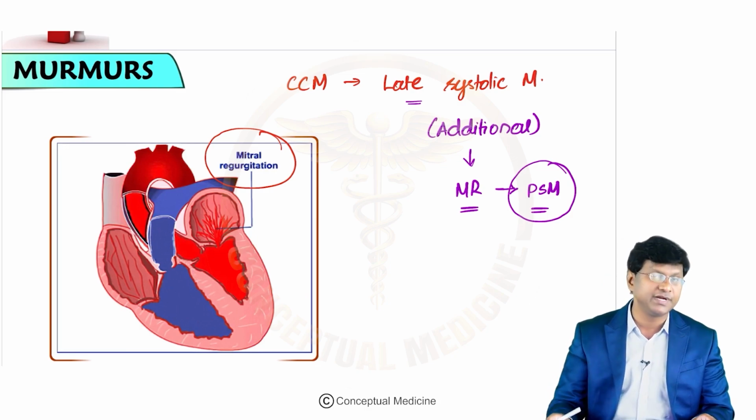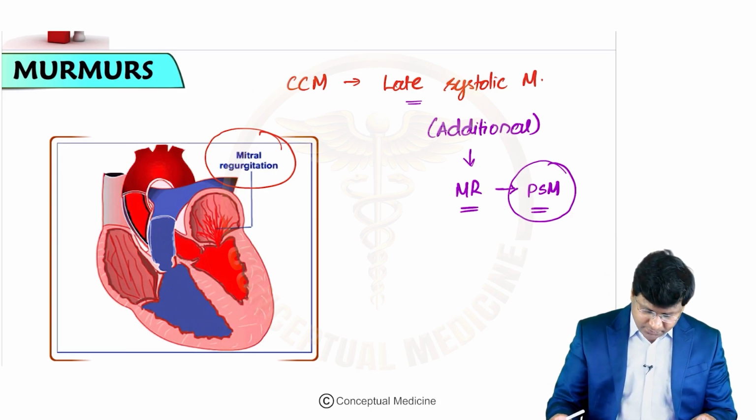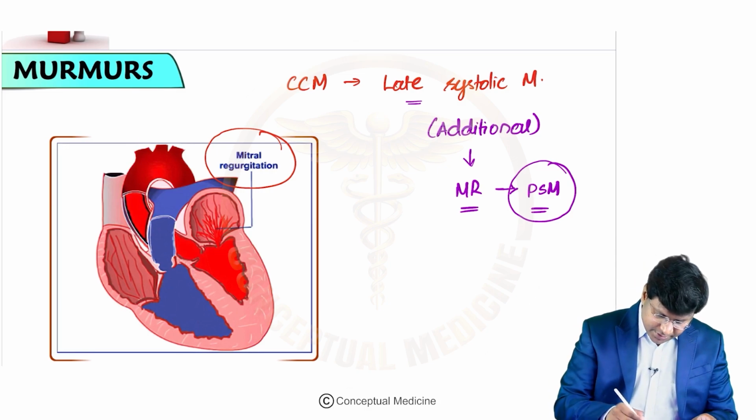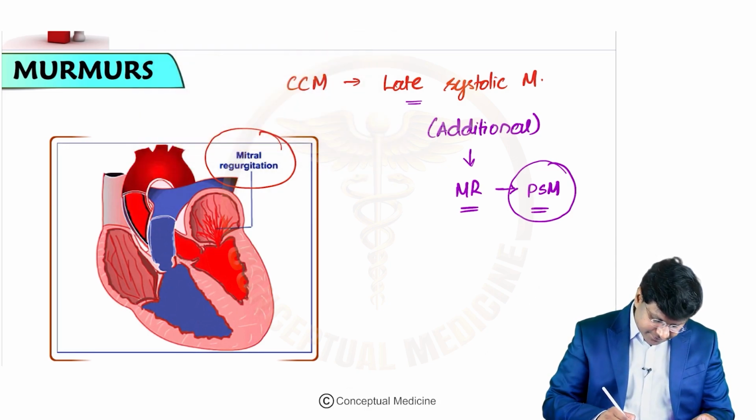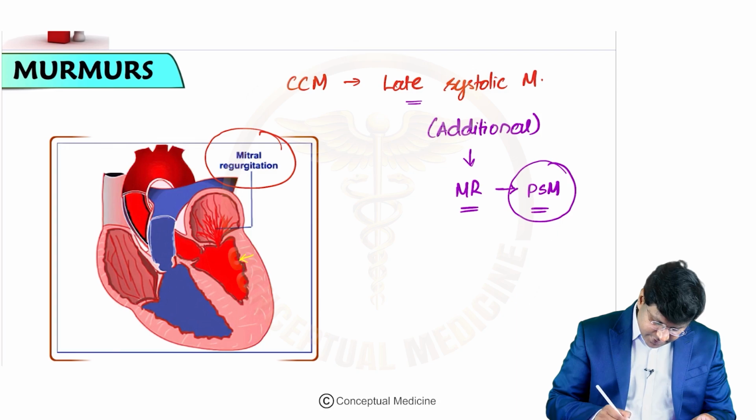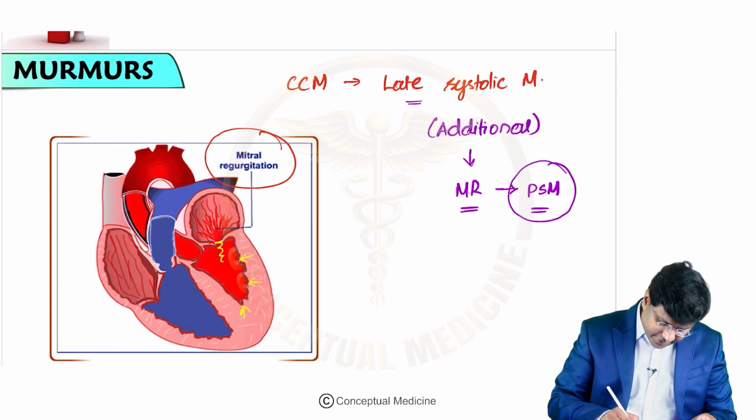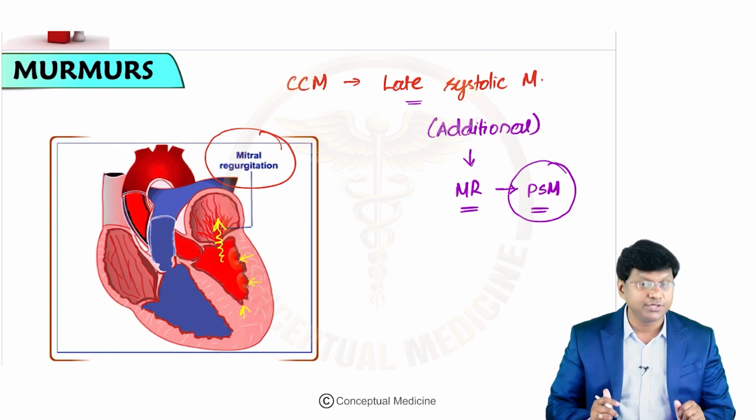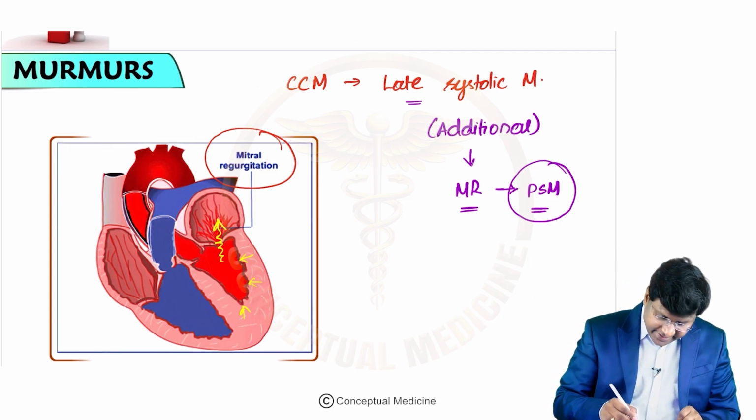Then why do you get this additional murmur? See, in mitral regurgitation, during the left ventricular systole, the blood from the left ventricle will regurgitate into the left atrium. So what will happen to the LA volume?